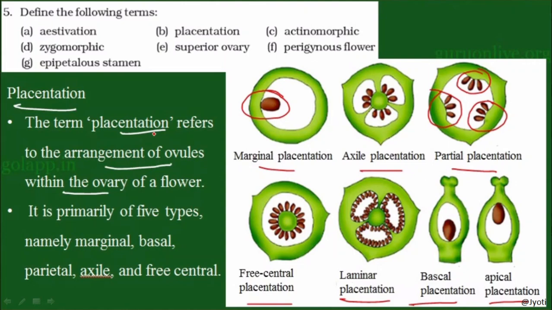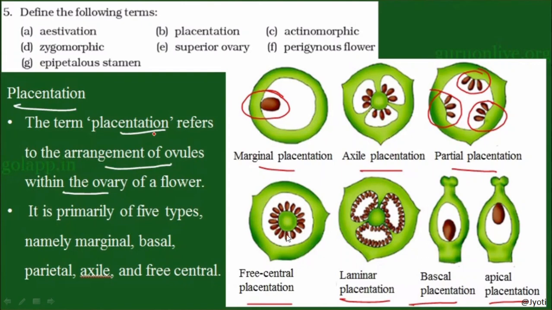So you can see this is free central. You can compare it with axile placentation because it has developed from axile placentation only. In axile placentation the septal walls are there. Here also initially the septal walls are there, that's why the axis is formed.